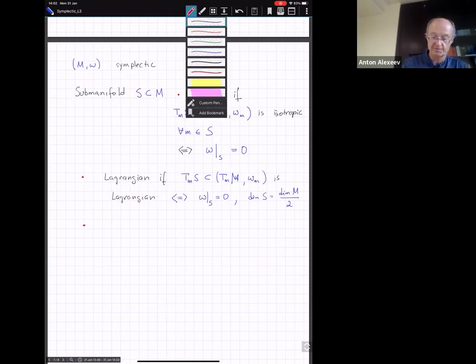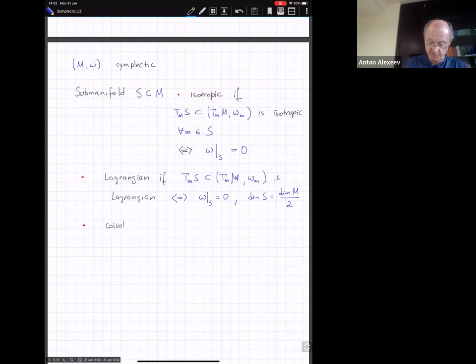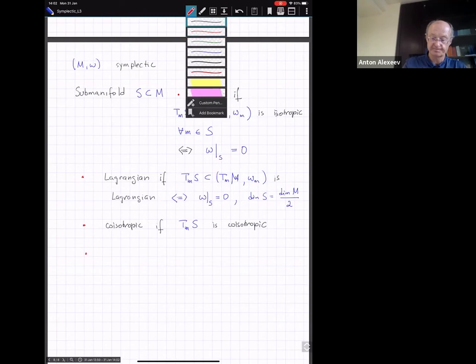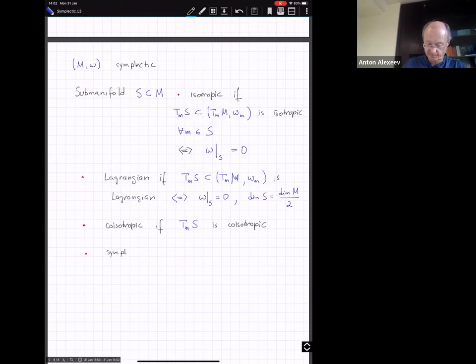Again, similarly, S is coisotropic if T_m S is coisotropic, and it is symplectic if T_m S is symplectic.